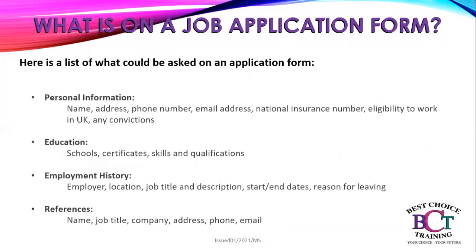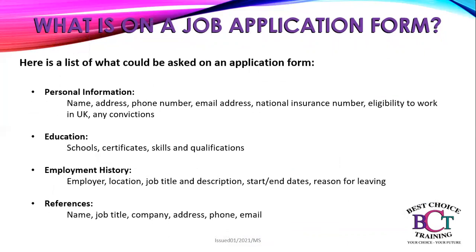What is on a job application form? So what may be on there is personal information, such as name, address, phone number, email address, national insurance number, eligibility to work in the UK, and whether you have any criminal convictions. It will have your education on there, so schools, certificates, skills and qualifications.